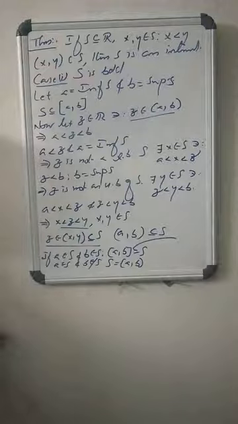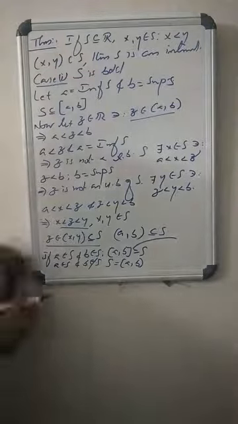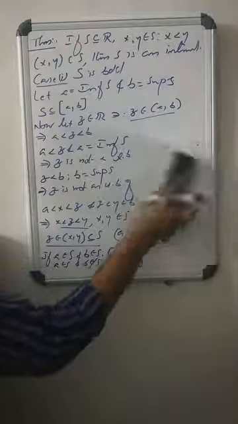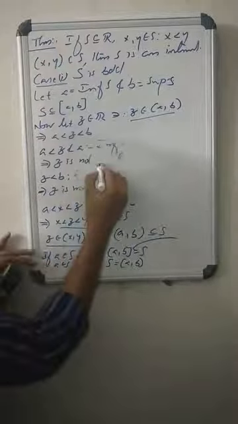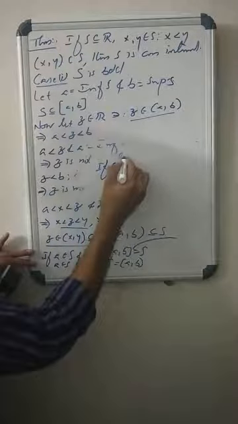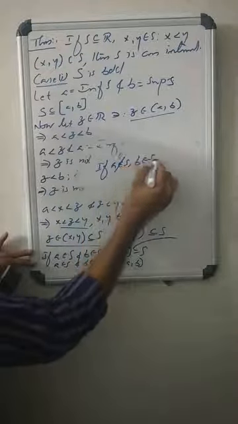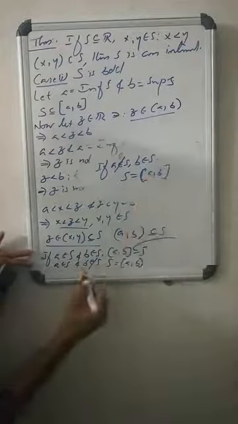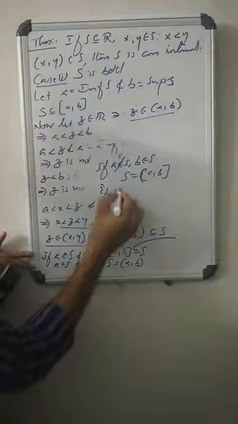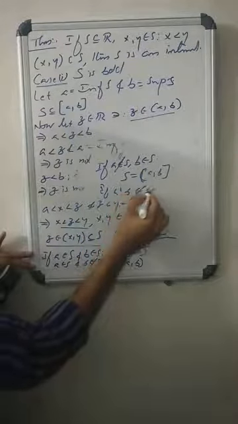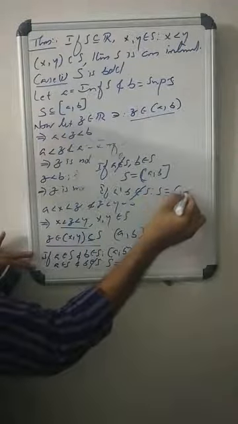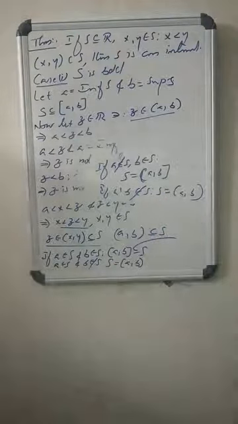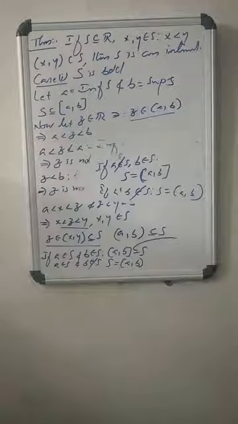By definition. Similarly, the next condition: if A is outside of S and B is present in S, then S equals (A, B]. If A and B are both outside of S, then S equals the open interval (A, B). So this is the first case.